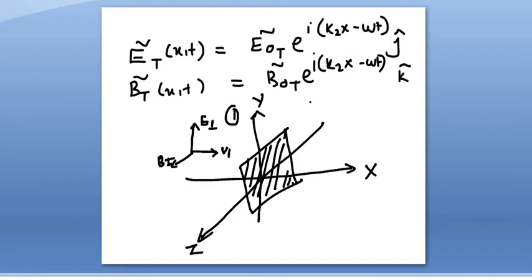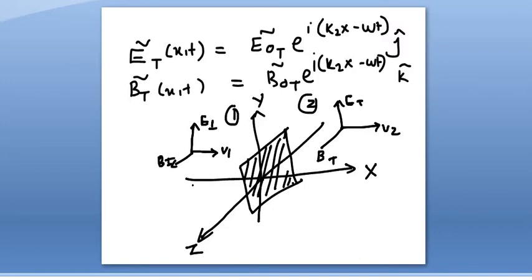Now in medium 2, what happens? Same thing, this is V2, and this is ET and this is BT. Now look closely. In medium 1, what is the condition of the reflected wave?